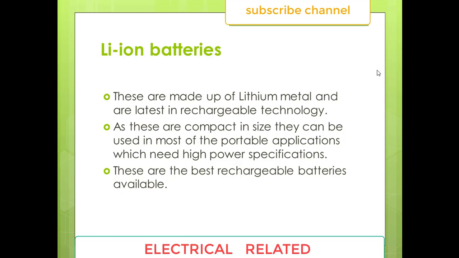They are very small in size, and we can use these batteries in portable applications where high power is needed by the system.